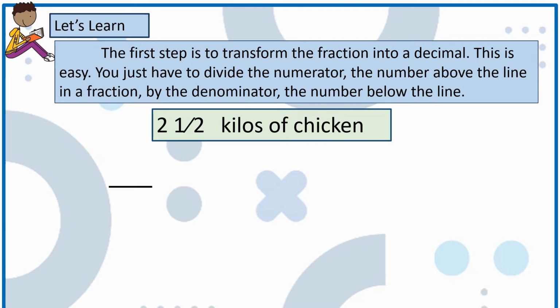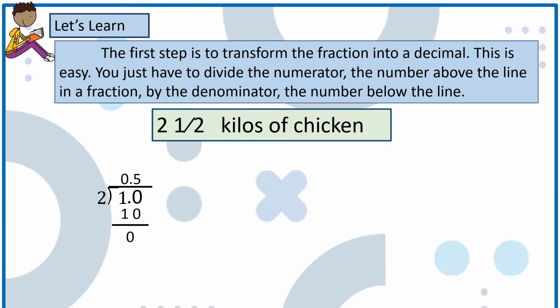Like for example, 2 1/2 kilos of chicken. Transform 1/2 into a decimal point. Just divide 1 by 2. 1 divided by 2 cannot be, so you need to add 0. And before 0, of course, you need to put a point. And 10 divided by 2 equals 5. 5 times 2 is 10, and 10 minus 10 is 0.